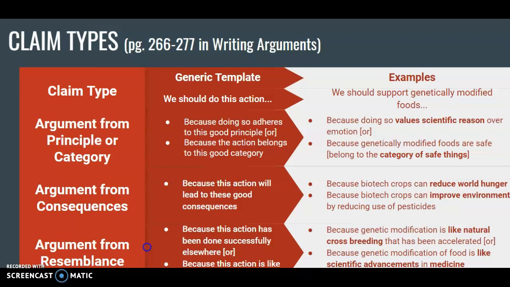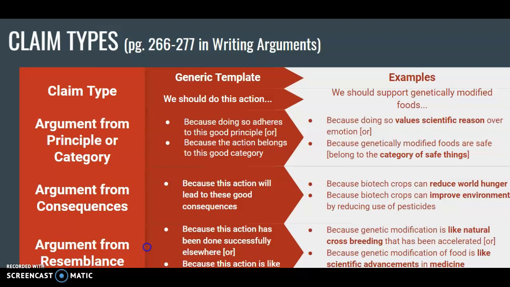So, for example, because doing so adheres to this good principle, or because the action belongs to this good category. So we should support genetically modified foods because doing so values scientific reason over emotion.